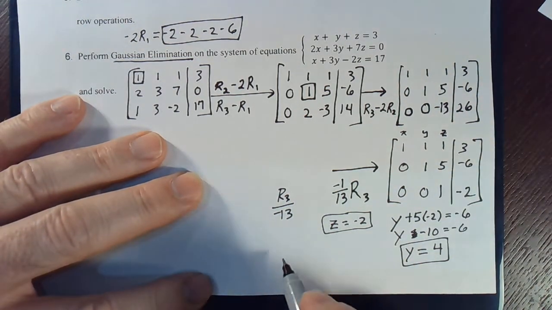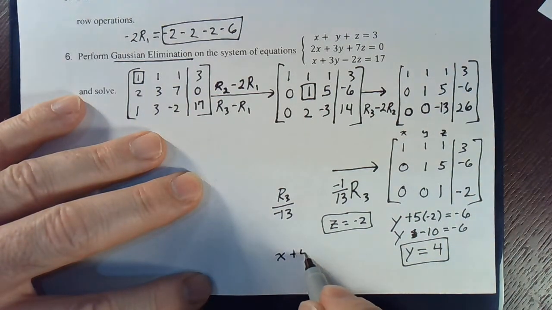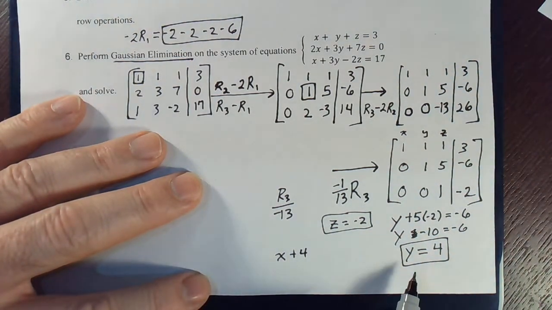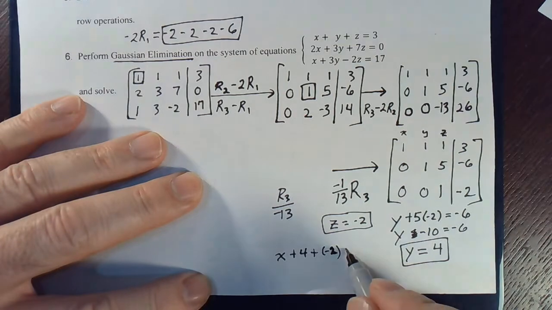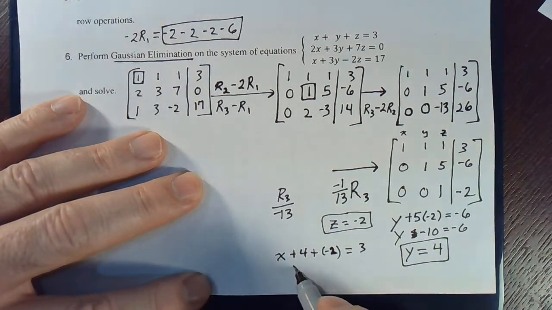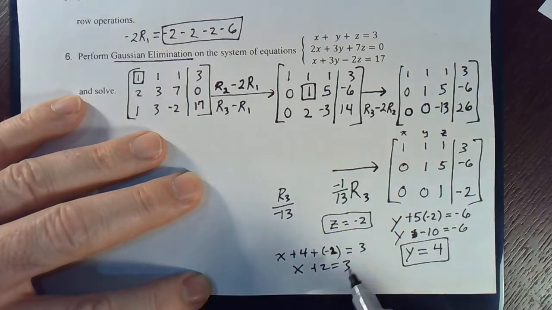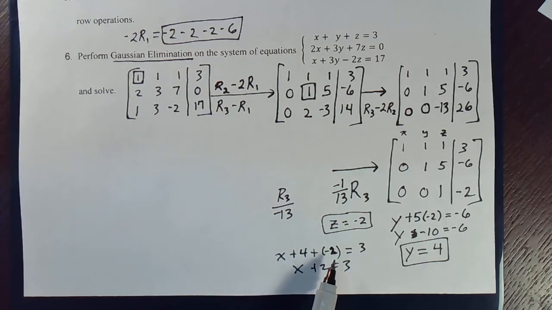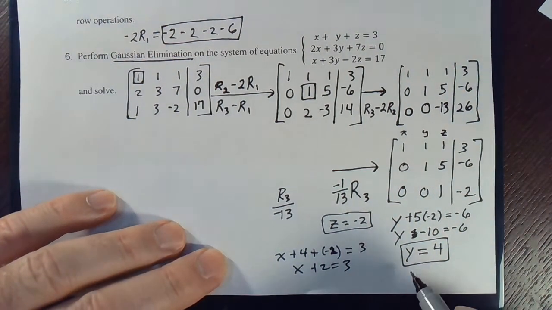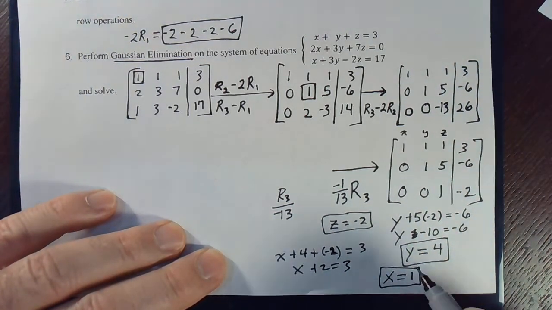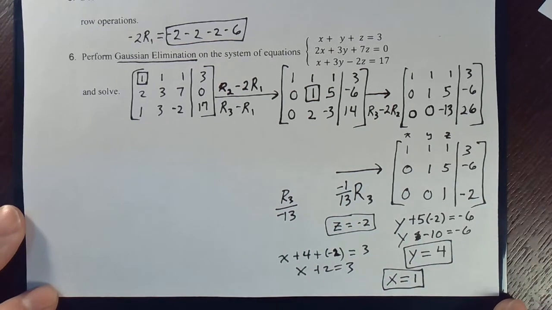So that would be the same as saying x plus 4, because that's y, plus negative 2, because that's z, equals 3. So x plus 2 equals 3. I just combined the 4 and the negative 2 to give me 2. Subtracting 2 is going to give me x equals 1. Okay, so that is the solution.